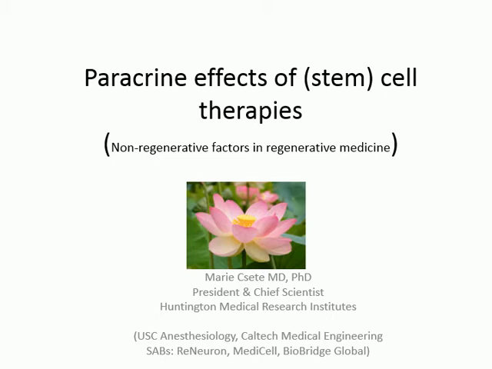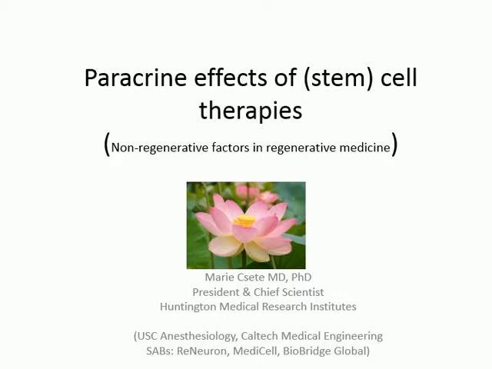As you're all aware, stem cell therapies are a very active clinical trial space in regenerative medicine. And after now quite a number of years of multiple kinds of stem cell therapies going on in the eye, we have an idea that the regenerative effects of the stem cells are not always the full story.